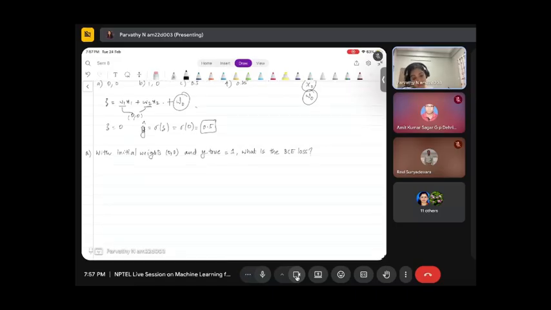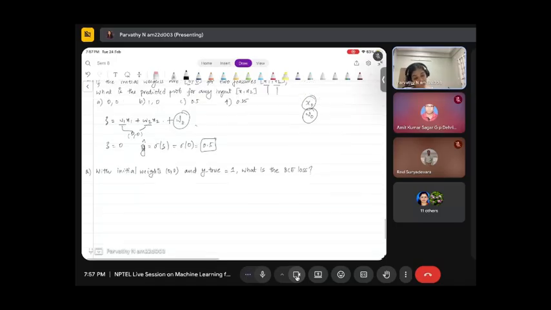So with initial weight 0, and y true is 1, what is the BCE loss? So when initial weight is 0, we found that the prediction will be 0.5, and true value is given to be 1.